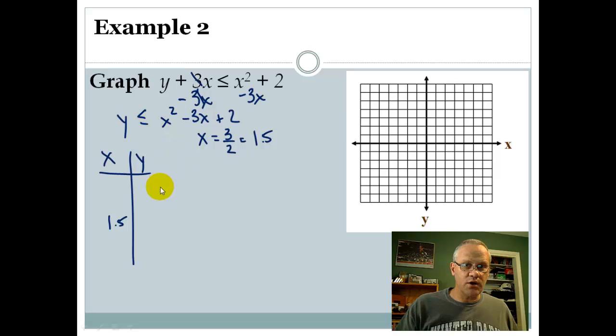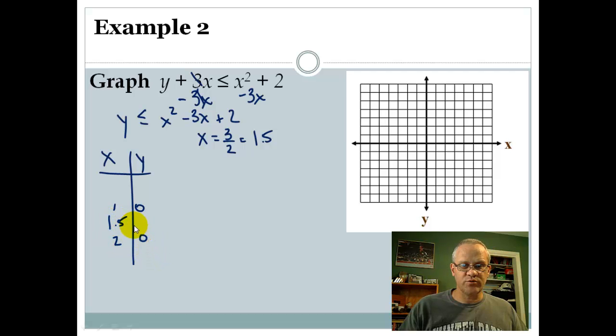We're going to have y equals x squared minus 3x plus 2. Second function table. What's going to happen is on the table on your calculator, you're going to get 1, 0, and you're going to get 2, 0.